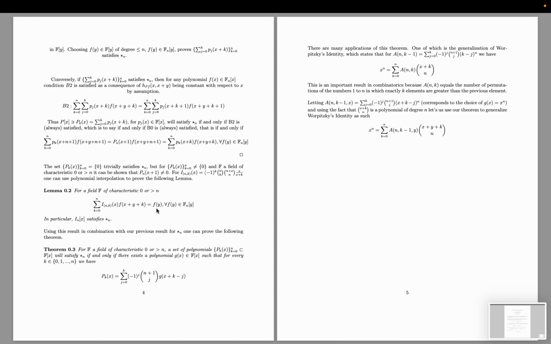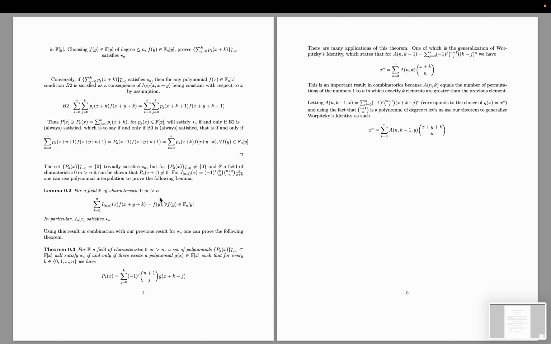So typically with polynomial interpolation, you're dealing with n plus 1 points uniquely determining an n-degree polynomial. It also suffices to work with limits, however. And since we have x plus k in the denominator, we would need to think about it in terms of limits if we're looking at x approaches minus k for values of k from 0 up to n.